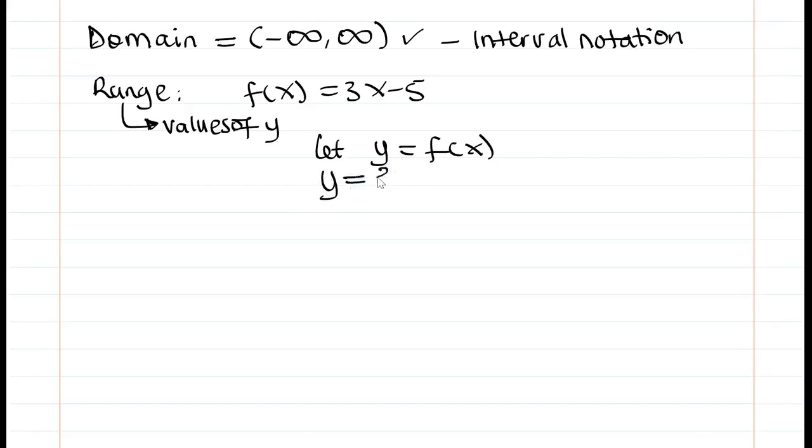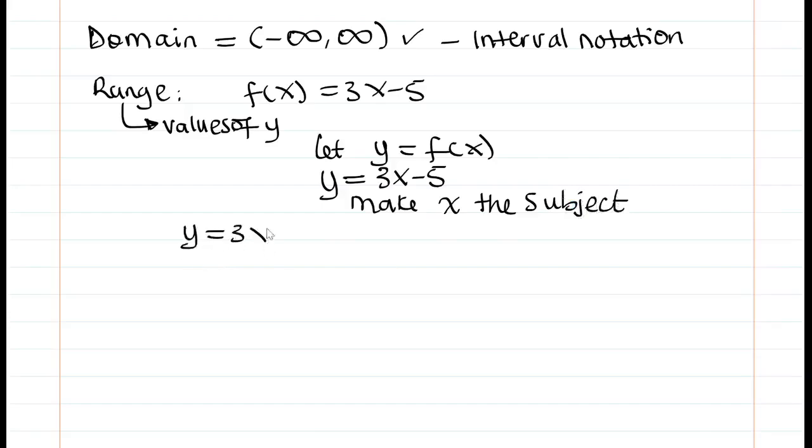Y becomes 3x minus 5. And then here we make x the subject of the formula. So when we make x the subject, we shall have y equals 3x minus 5, and x as the subject becomes y plus 5 over 3.